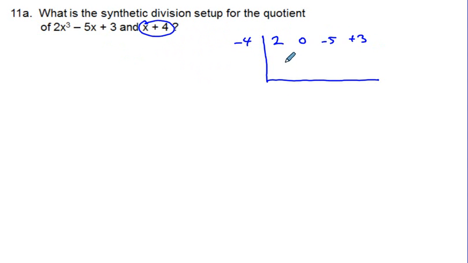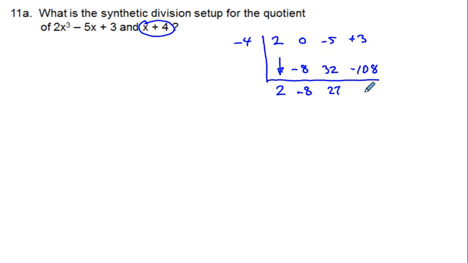And so when you have this, you can find the quotient. Bring down the 2. So this is going to be 2x squared. Negative 4 times 2 is negative 8. So we get negative 8 here. Negative 4 times negative 8 is 32. Negative 5 plus 32 is 27. 27 times negative 4, that's going to be negative, is it 108?